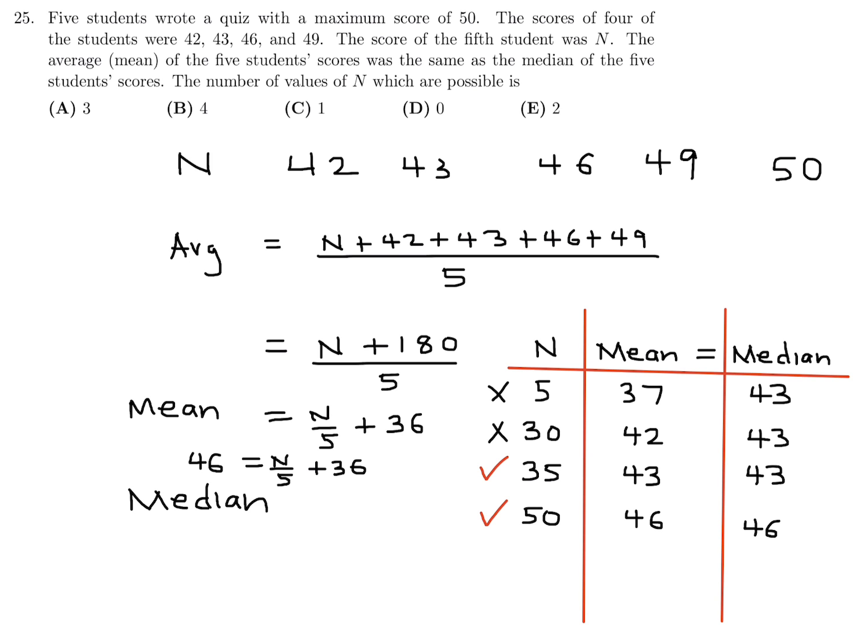Now, the good news is that you don't have to go through 49, 48, 47, 46 for n. Why? Because remember, we talked about this earlier. In order for this to work, n has to be a multiple of 5. That's the only way we're going to get an integer value for the mean. And because the mean has to equal the median, and the median must be an integer, since it's just the middle value of a set of integers, n has to be a multiple of 5.